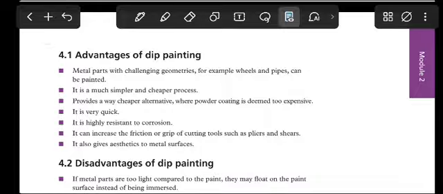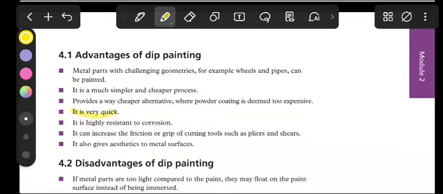Advantages of this type of painting, they love this one. It is a much simpler and cheaper process, and very quick. It also gives an artistic finish to the metal surface. Artistic means beauty; it beautifies the metal.